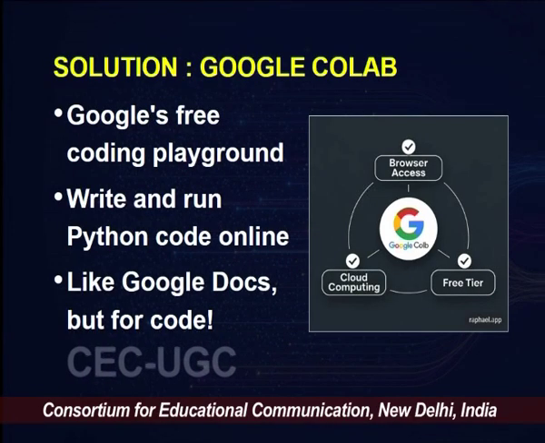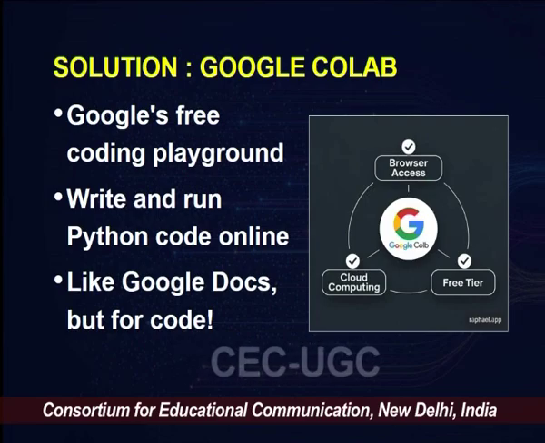Now, to answer this question, how we can overcome this practical implementation challenge, we need a solution. And the solution is being presented in today's session. The solution is something called Google Colab. I'm sure all of you know what Google is. It's an AI giant which has multiple services across different domains.